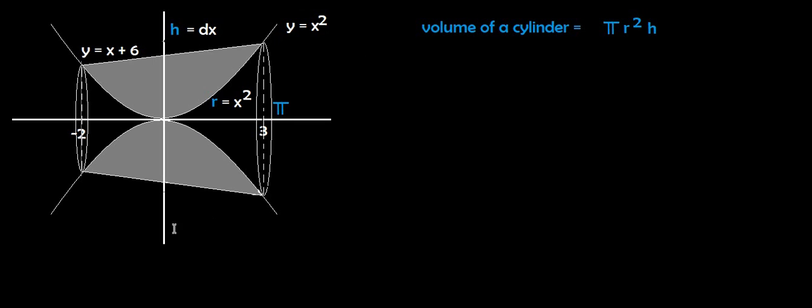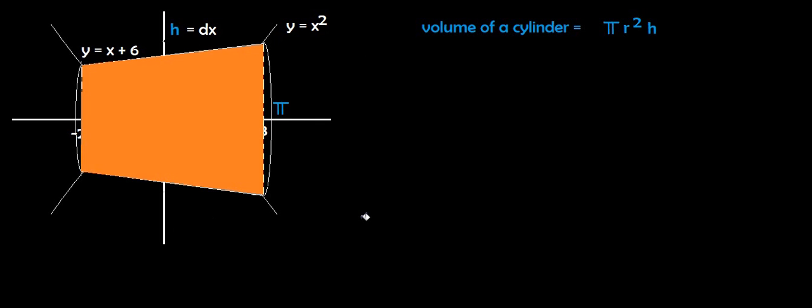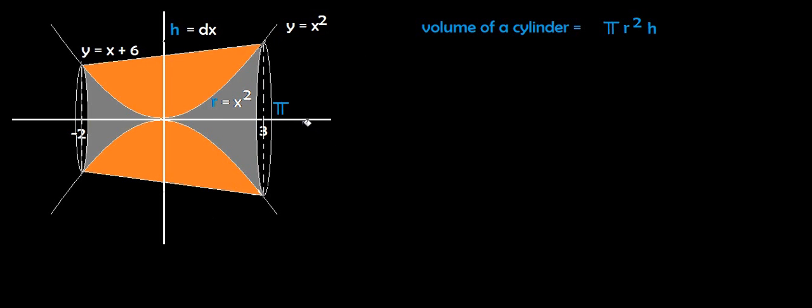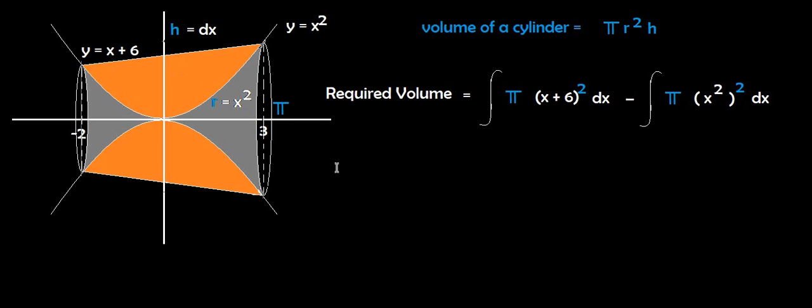Then you need to subtract the region bounded by y equals x square and the x-axis. So the volume of the required region is given by, we have subtracted the volume bounded by y equals x square from the region boundary volume of y equals x plus 6, so that we can get the volume with the orange curvature.